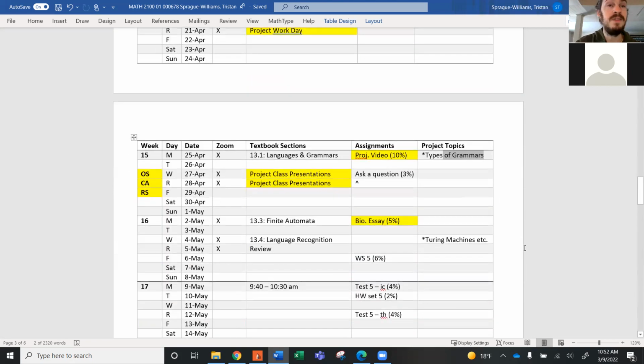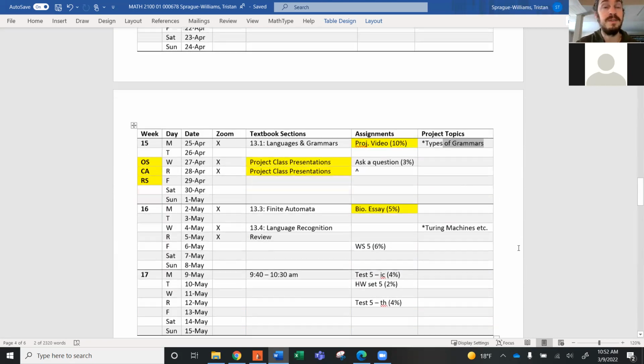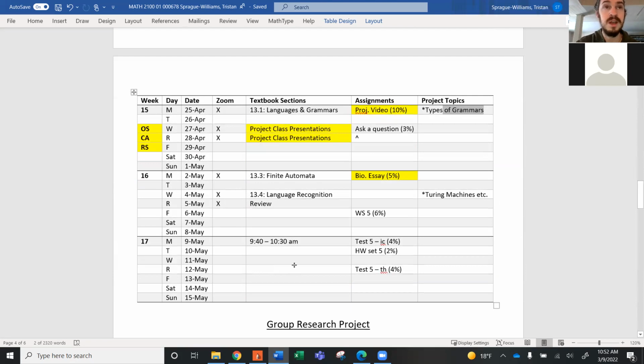And then at the end of the semester, we're going to get into chapter 13, which is going to introduce some more computer science concepts like formal languages. One of the ways that you can define formal languages like C++ or Python or HTML or BASIC, right?